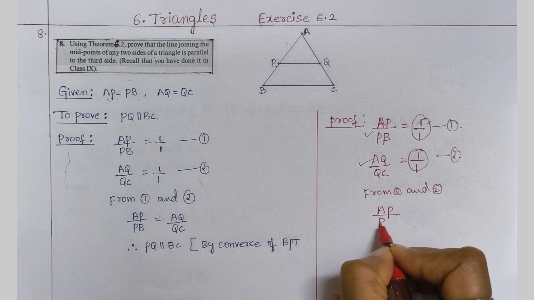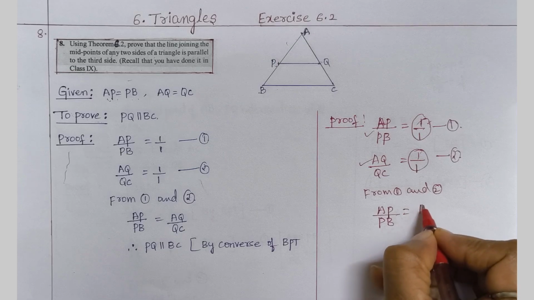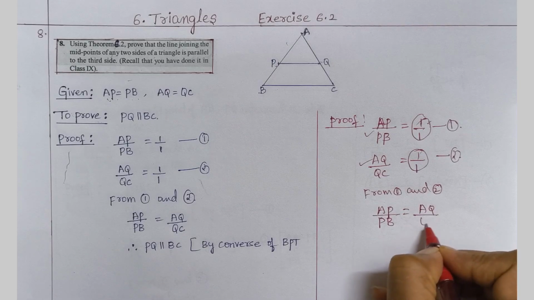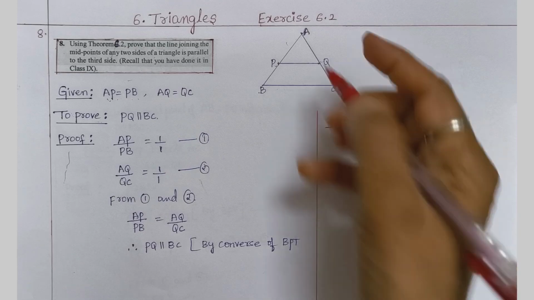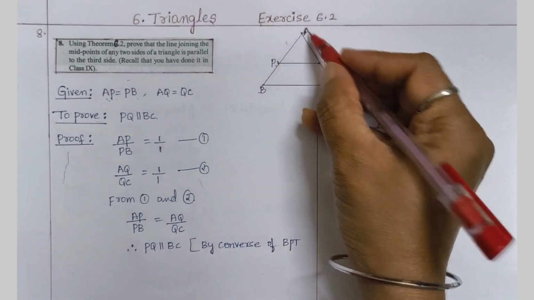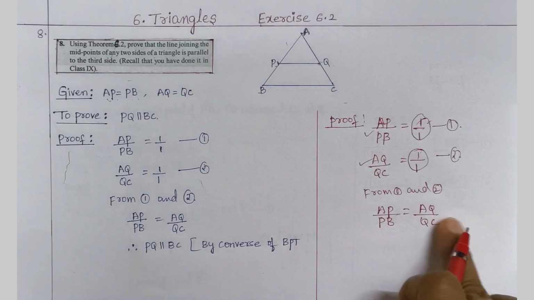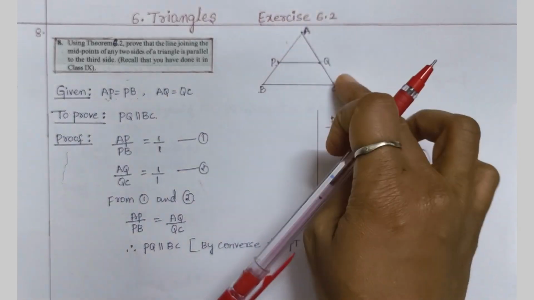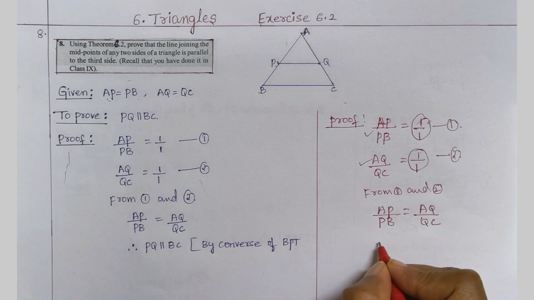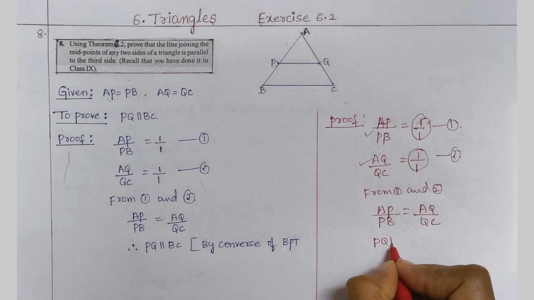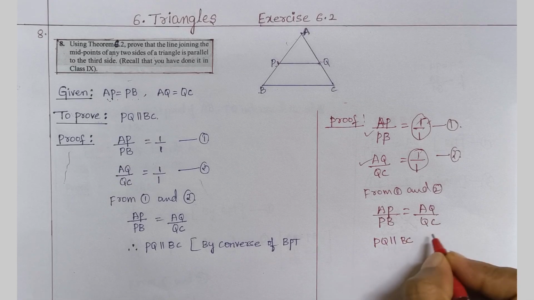AP by PB equal to AQ by QC, you can write it. So these two are proportional. See here, AP by PB, AQ by QC. These two sides are proportional, so what about the third side? The third side is parallel. PQ parallel to BC. What is the reason?